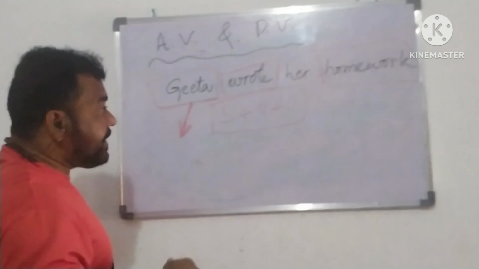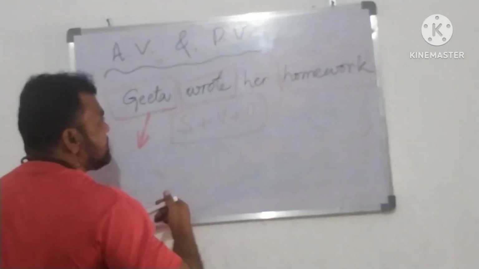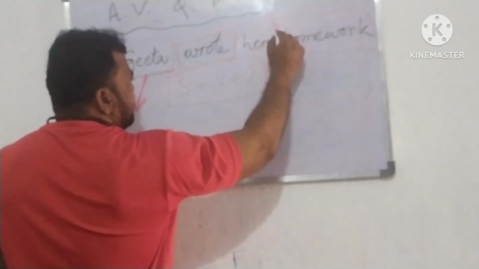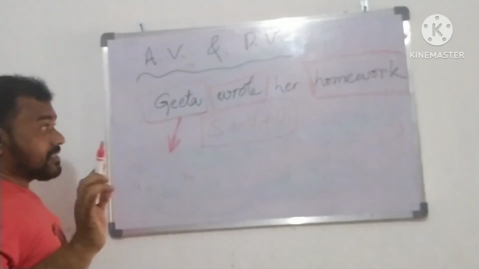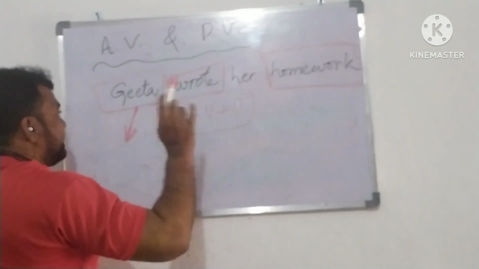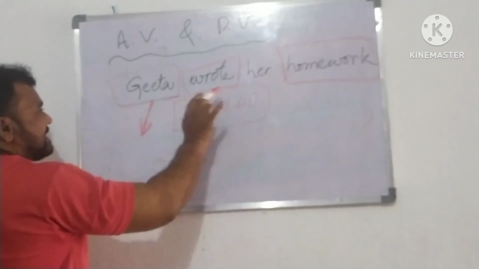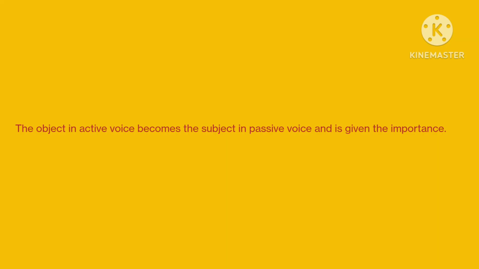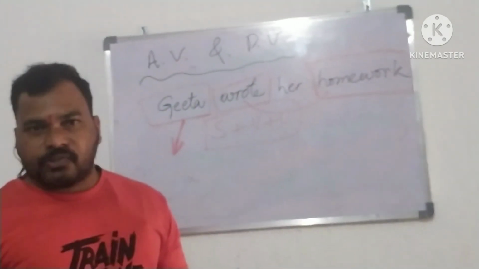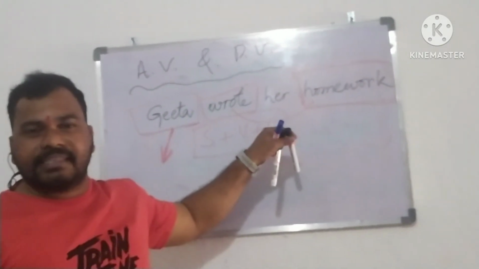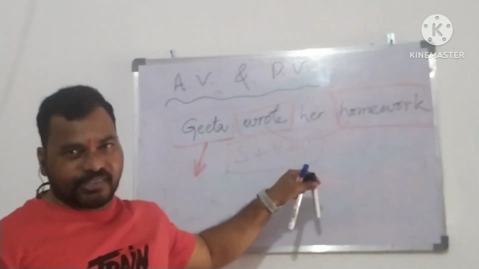But when it comes to passive voice, whatever the object is given, I tell you something: this sentence can easily be changed into passive voice. Why? Because the verb here is a transitive verb. So as there is a transitive verb, this sentence can easily be changed into passive voice.